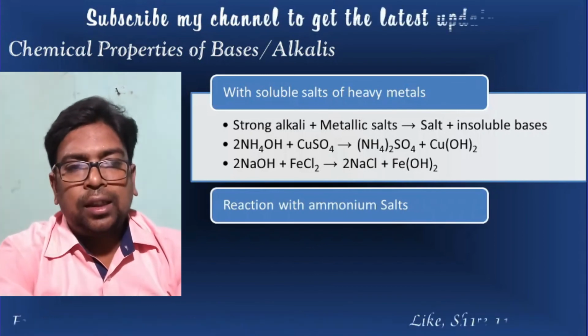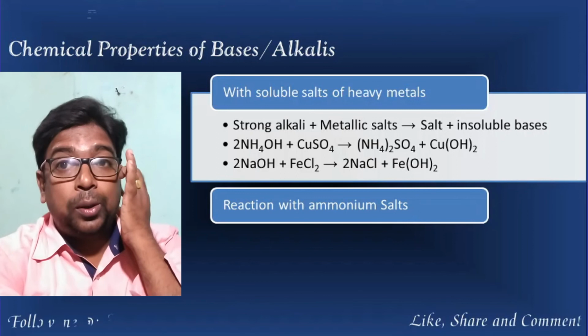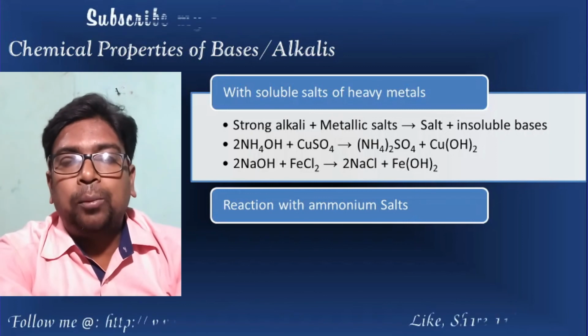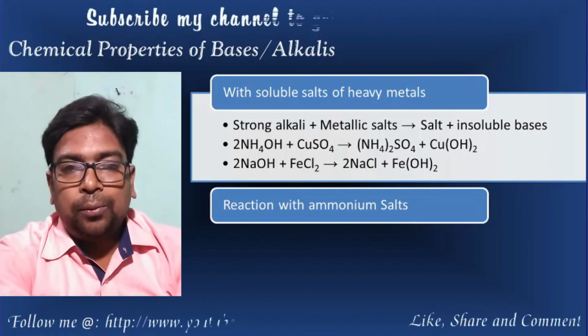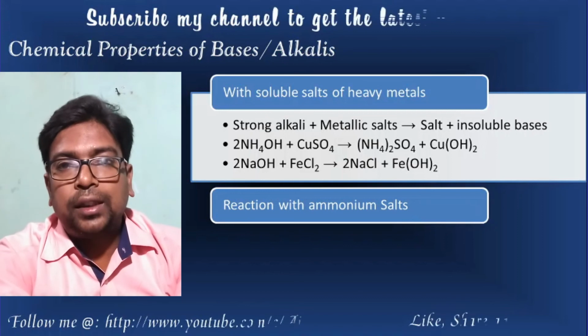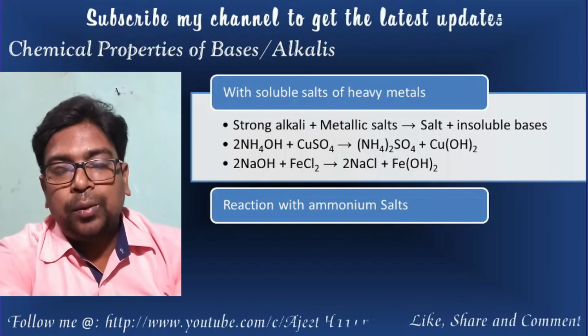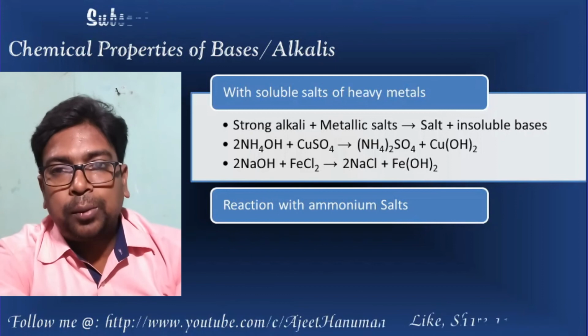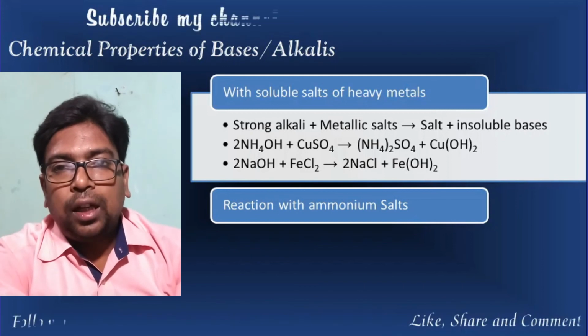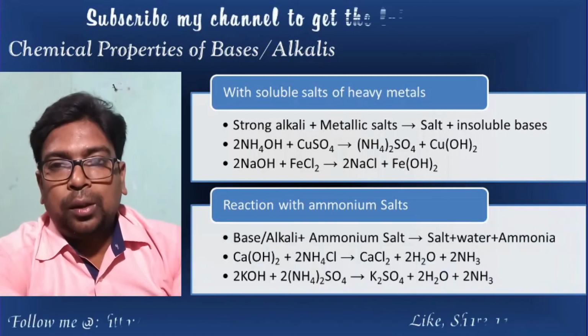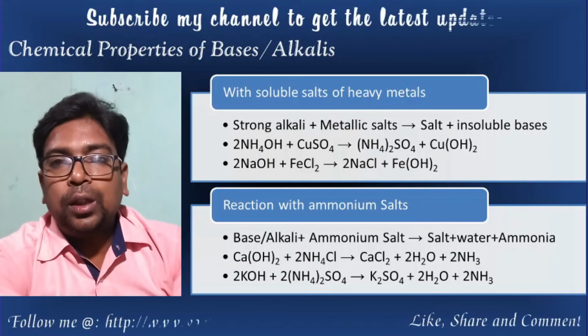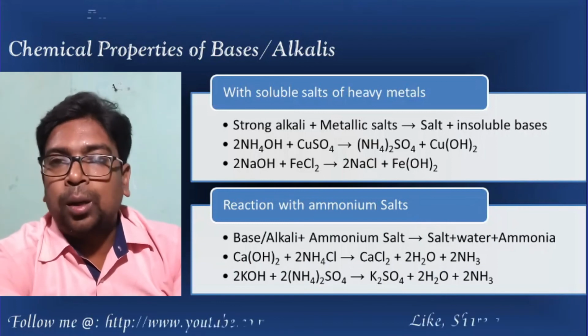Next is the reaction with ammonium salt. Children, when alkalis or bases are warmed with ammonium salt, the products are ammonia and water along with the salt. Ammonia and water are the common products here.